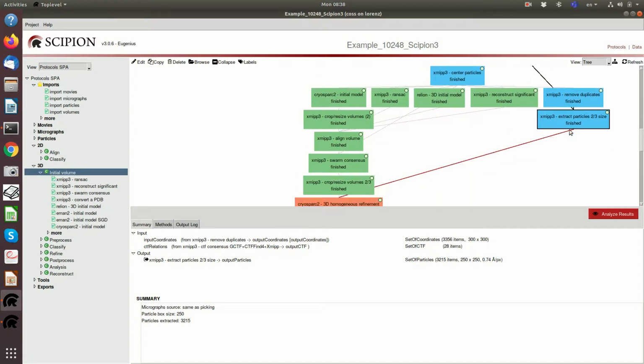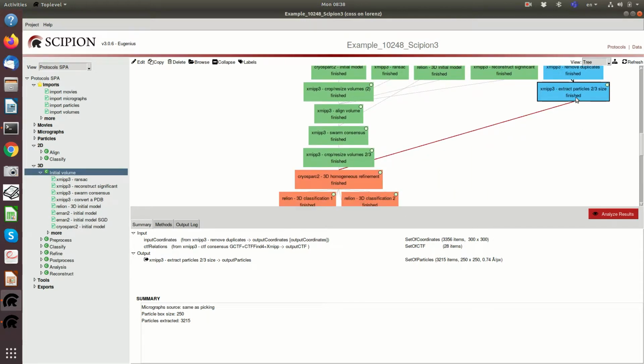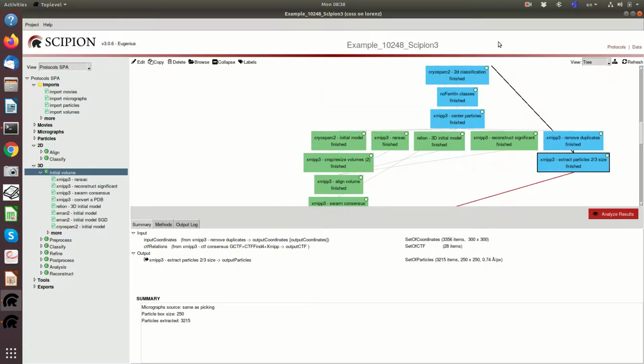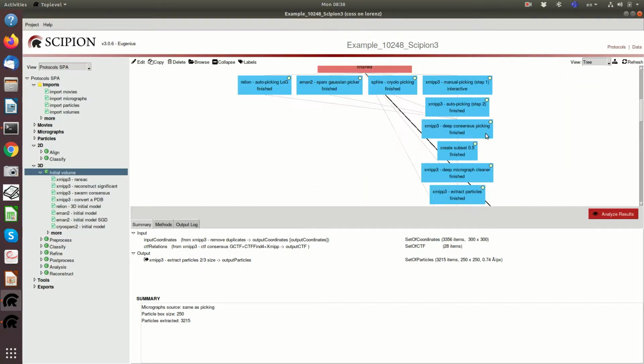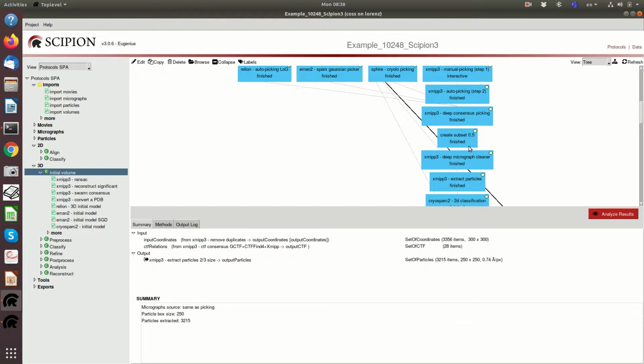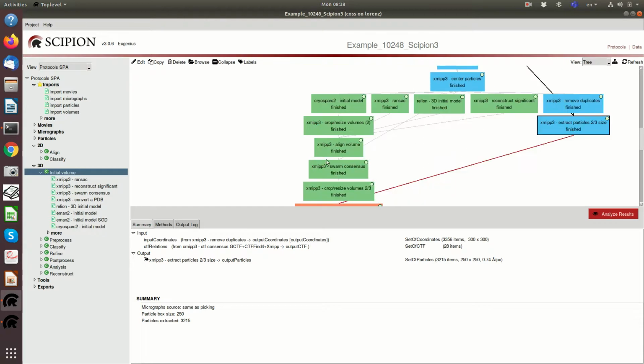We had extracted from the previous step the particles that were not duplicates, that had passed through all our picking and 2D filtering process. And something important to comment here is the size of the output.